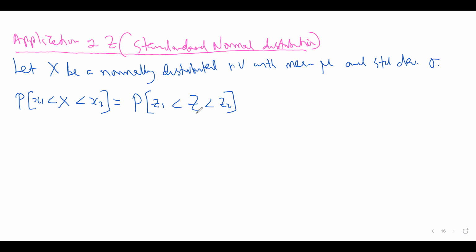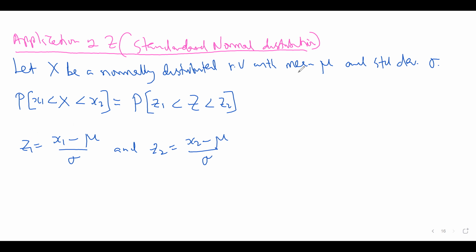So in most of the cases, questions will be asked in terms of x, but we'll be transforming that x into a z, where z1 is x1 minus mu over sigma, and z2 is x2 minus mu over sigma.